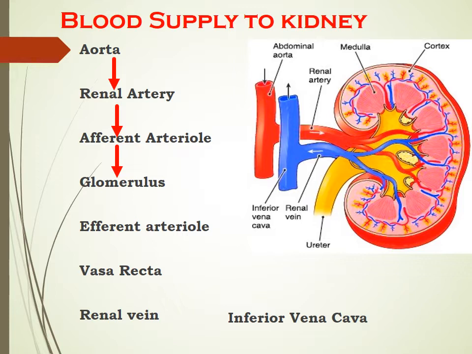From the glomerulus it leaves the nephron and enters into the efferent arteriole. The blood from the efferent arteriole enters into the capillary network which is present in and around the nephron. If you can see in figure 9.3, the nephron is surrounded with a number of blood capillaries.